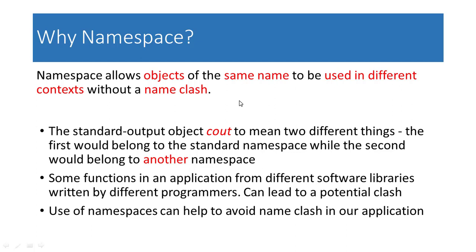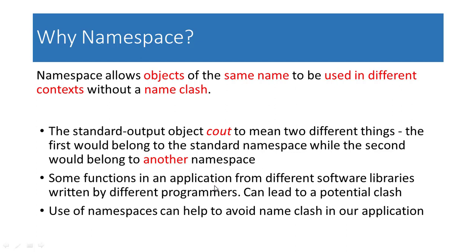You might want to use the standard output object, for example, cout, to mean two different things. In this case, the first would belong to the standard namespace, while the second would belong to another namespace.